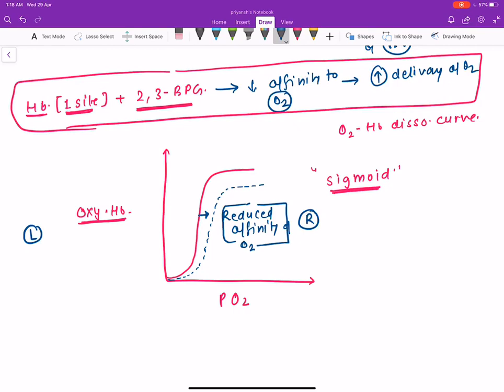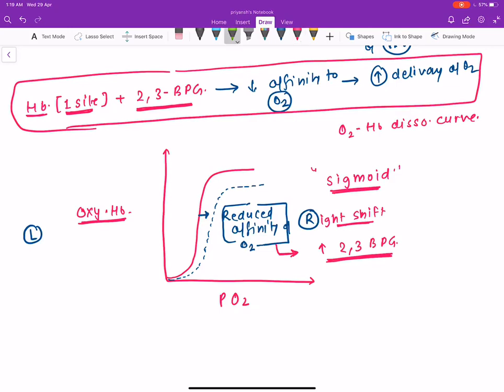So what they ask is which molecule promotes the right shift of the curve. The right shift is promoted by an increased amount of 2,3-BPG. The more 2,3-BPG there is, the more the unloading will occur, and the curve will shift towards the right side.